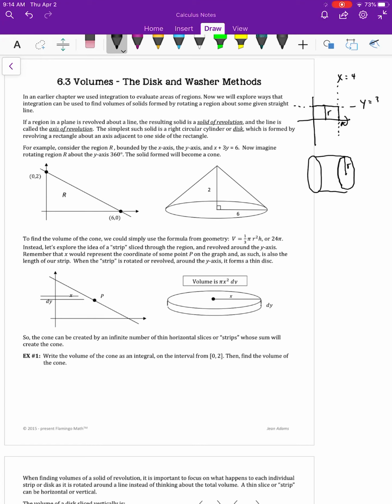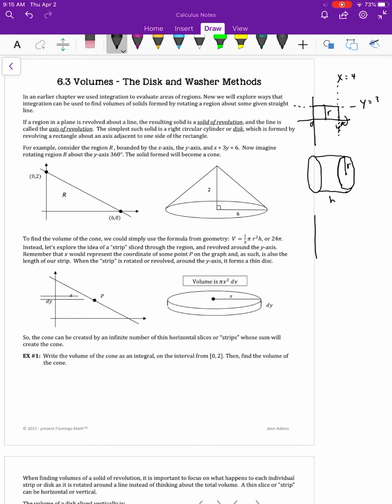And so that ends up being the radius of your cylinder. The height of your cylinder would be, from your 0 to 4 there, so that'd be 4. That is a way to produce a cylinder, by taking a rectangle and spinning it.